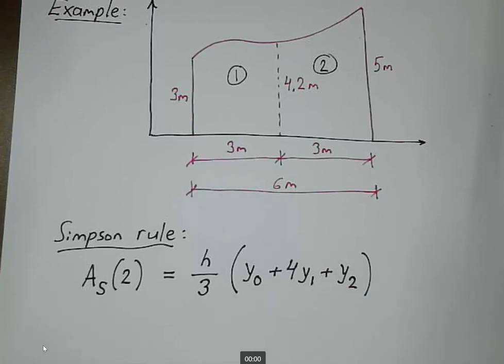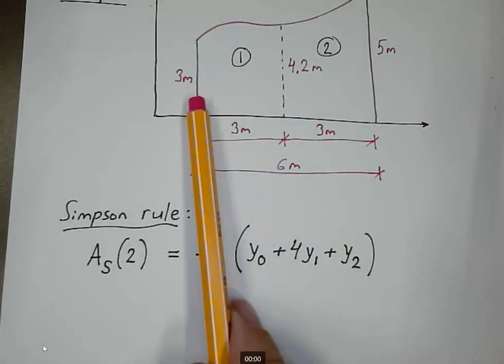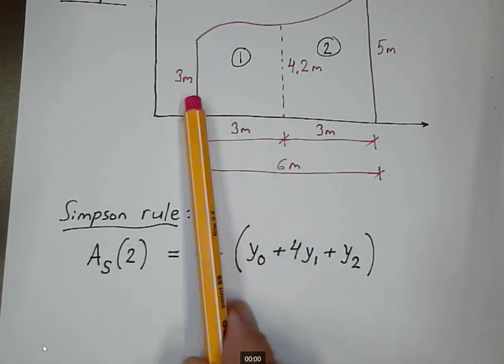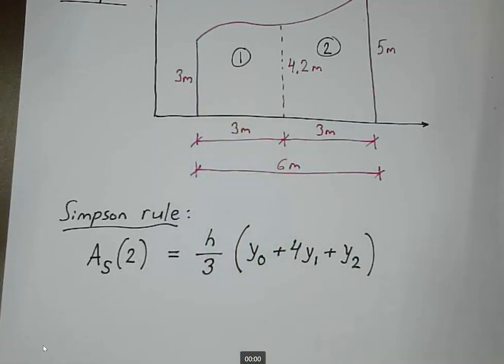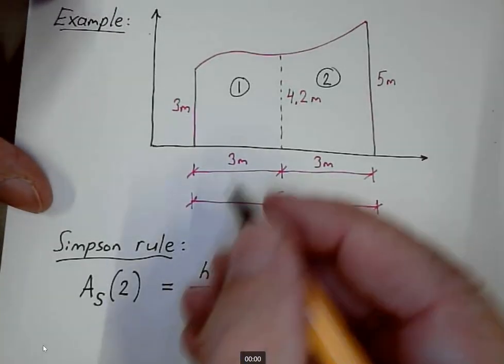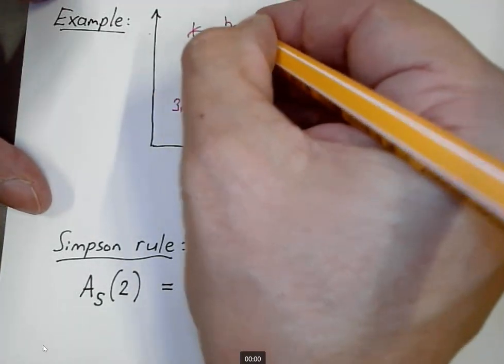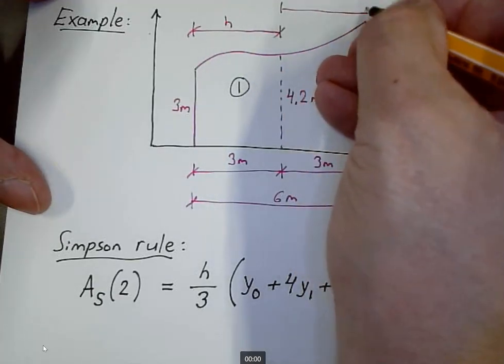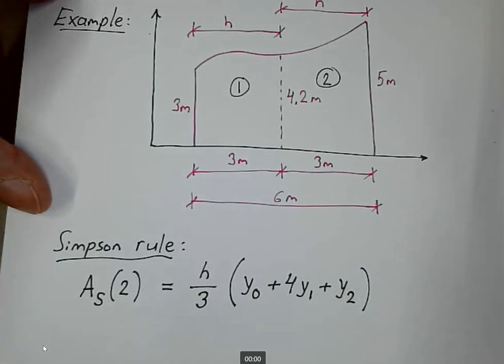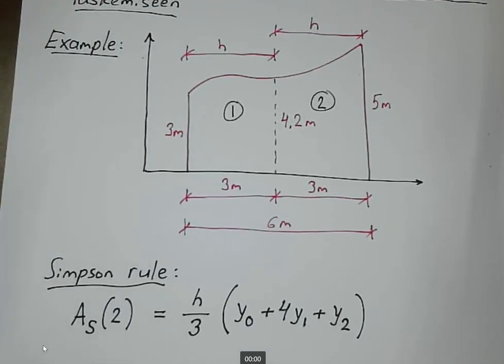What do these letters there mean? This h means the breadth of one part. So this is h. This is also h. So in this case the h is 3 meters.